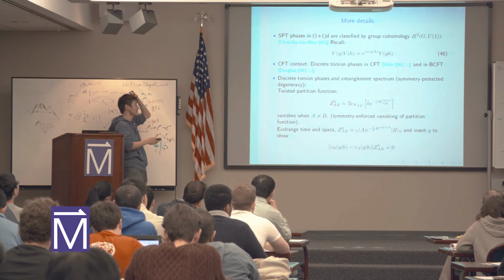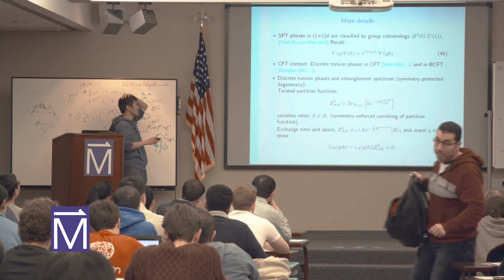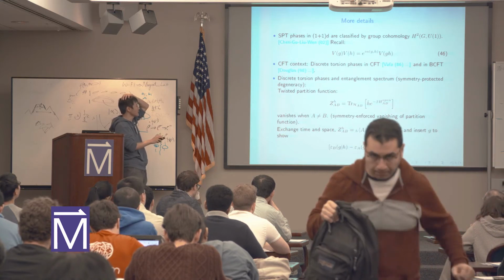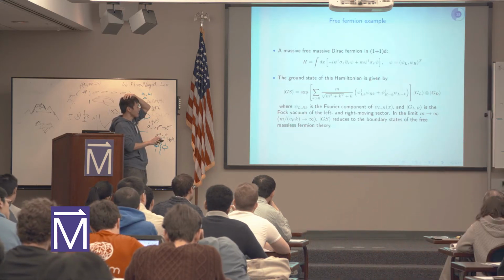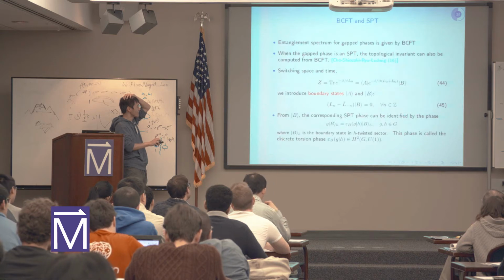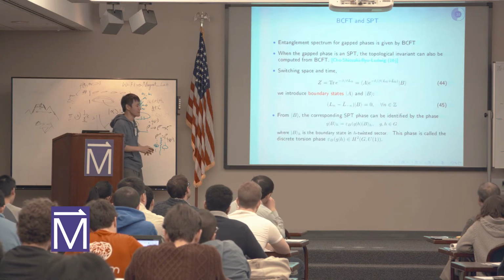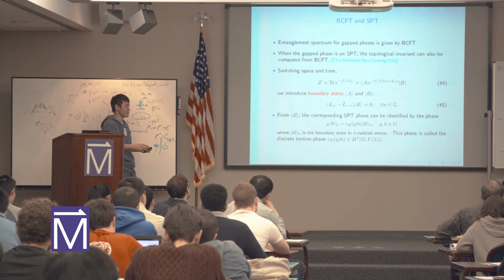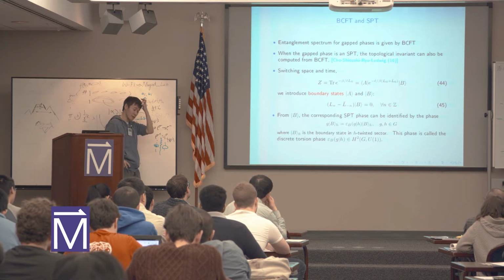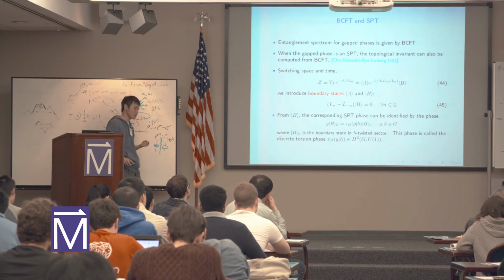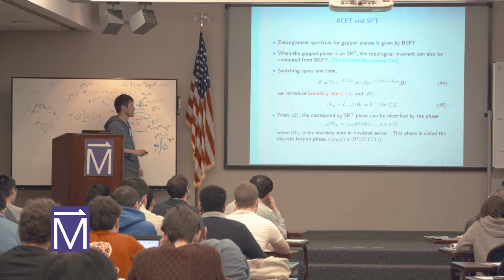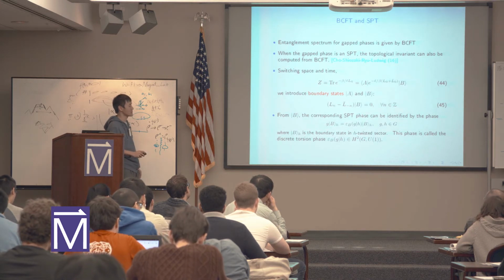So in 1 plus 1 dimensions, it's the simplest case. And the statement is that this phase can be extracted for the SPT phases nearby a conformal field theory. This group cohomology information can be extracted from this consideration.